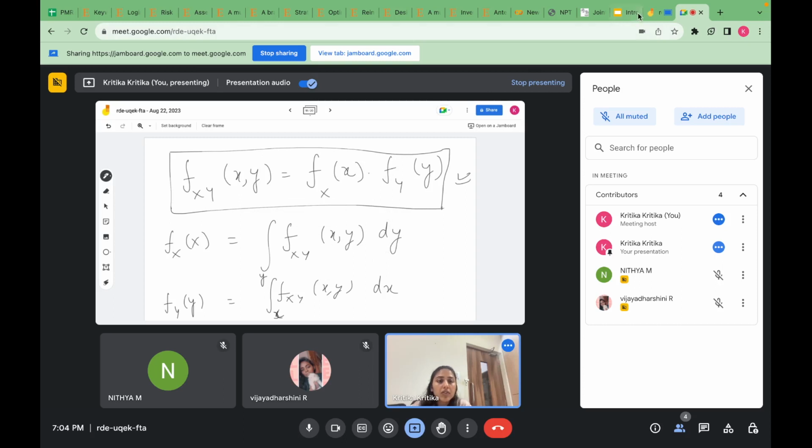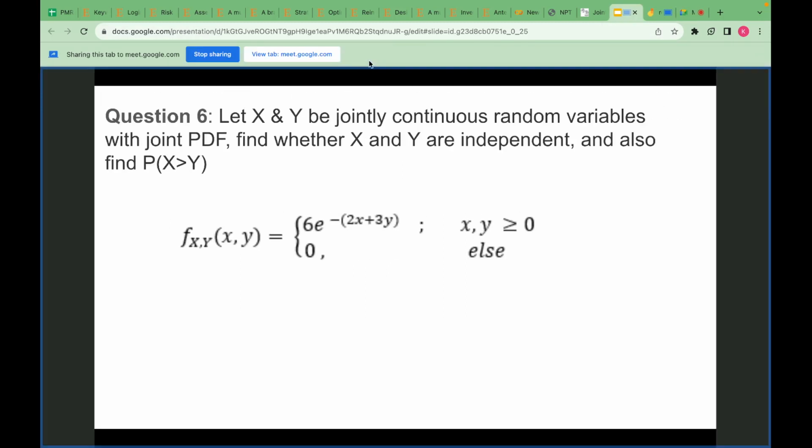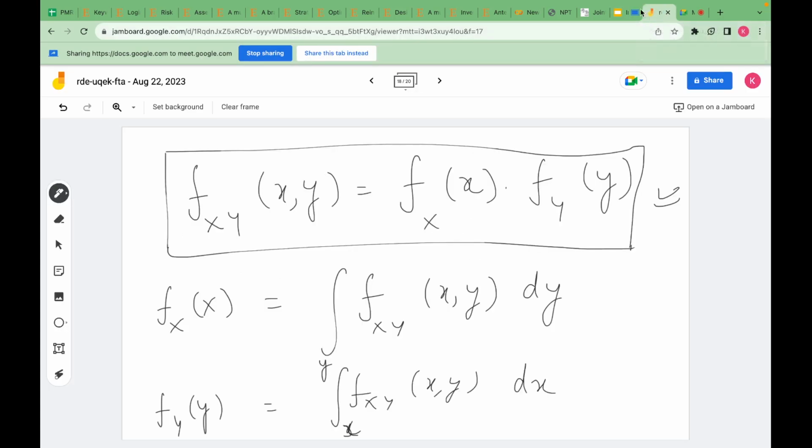So the question is this: the joint distribution, so I will write it. Joint distribution is given as this.